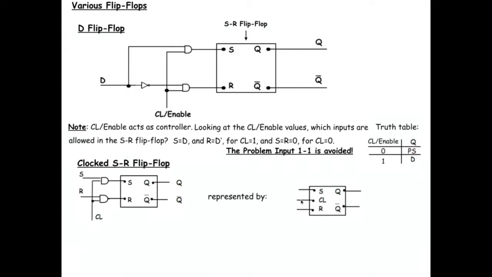Now I only see the inputs: set, reset, and clock. They're all going into this flip-flop gate, and we'll just call that a clocked flip-flop. Did this make sense? I take this chunk of wiring and just push it into the box. It's still there. It's just that I don't want to see it.